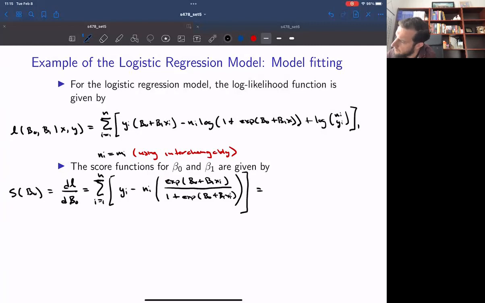Okay, which is equivalent to the sum from i equals 1 to n of yi minus ni pi.